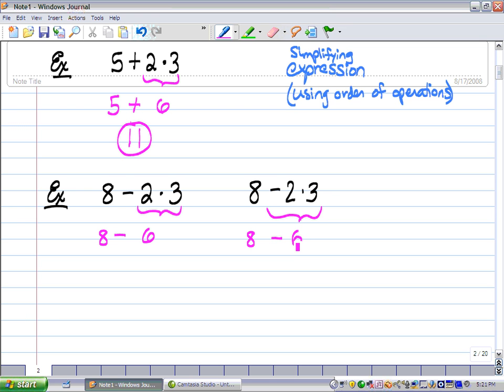So I've arrived at the same point. You can think of the subtraction line or the negative sign as a negative or subtraction, either way. The only thing is, if you think of it as a negative sign, if this answer had turned out to be positive, you would have to write the plus sign in. Okay, 8 minus 6 is 2, so my answer is 2.